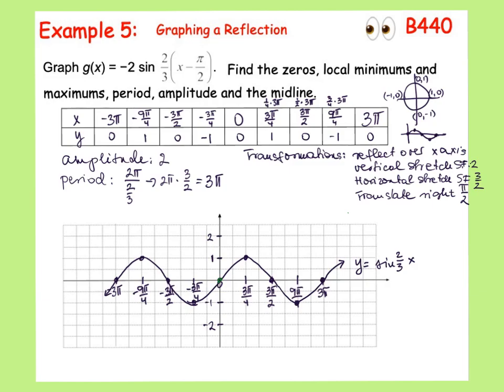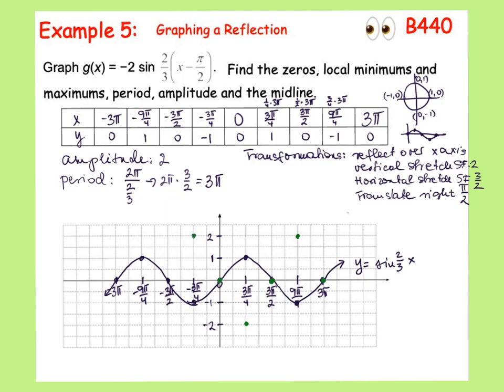Now if I go to the next point, if I stretch it by 2, I get here, but then I need to reflect it, so I will get down here. The x-intercept stays in the same place. Now if I take this point right here and stretch it by 2, then I reflect it, I will land over here, and again go back to 0.